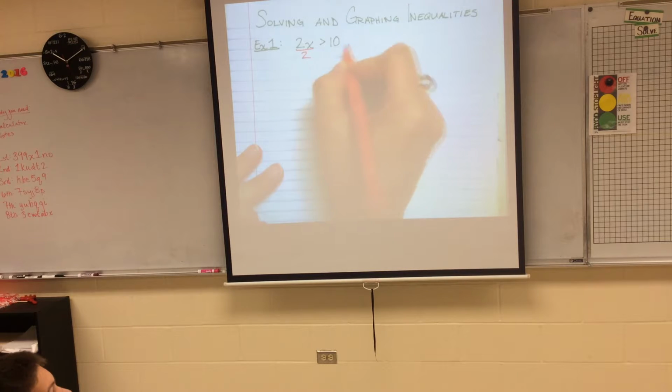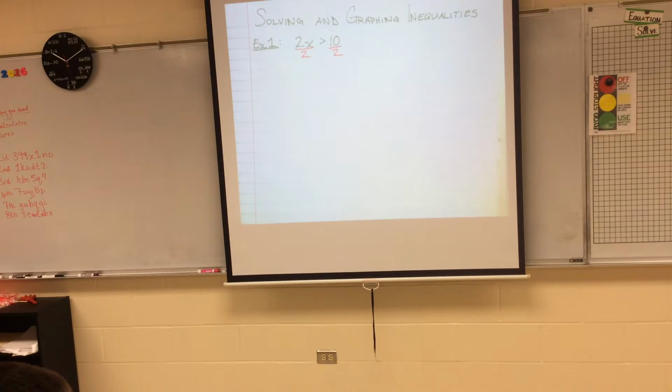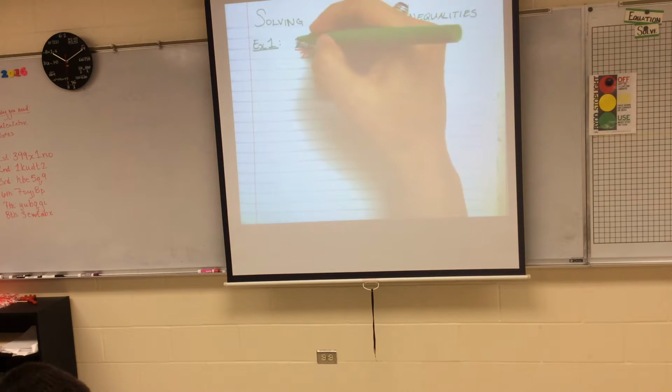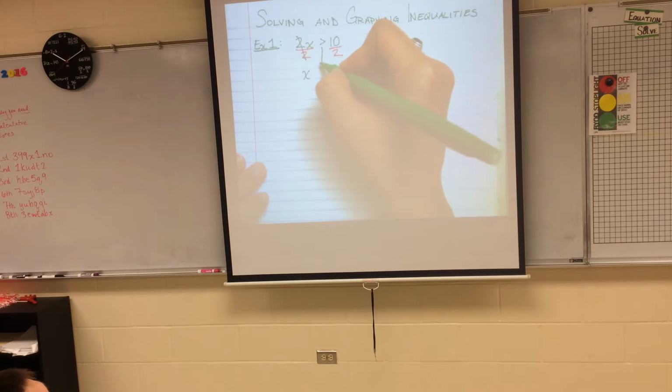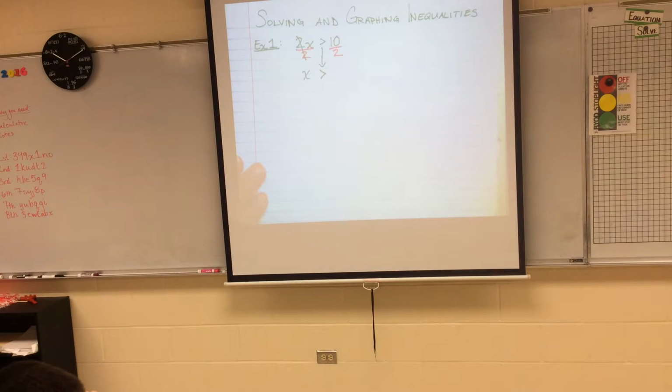So then my 2's are eliminated on the left side. They reduce, right? Because 2 divided by 2 is 1. So I have x. I'm going to bring down my inequality. It's greater than. And what's 10 divided by 2? 5. That's my answer. So x is greater than 5.